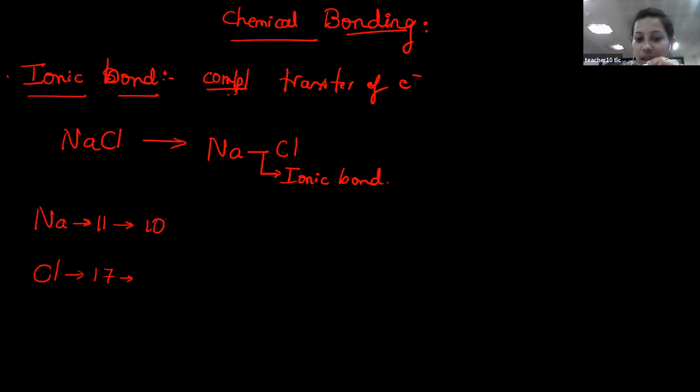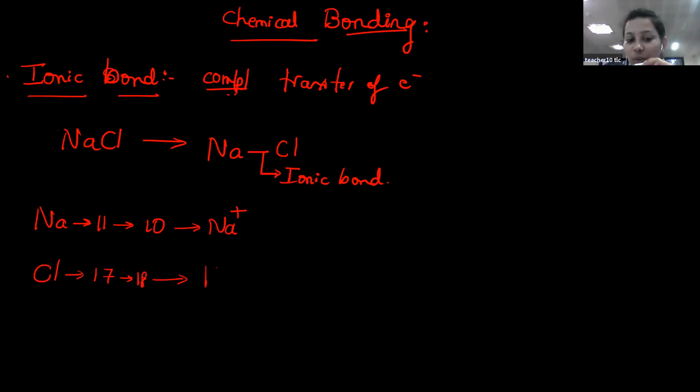So sodium donates one electron and becomes Na plus. That one electron released from Na will be shifted to chlorine. So chlorine gains one electron, and it is stable at 18.